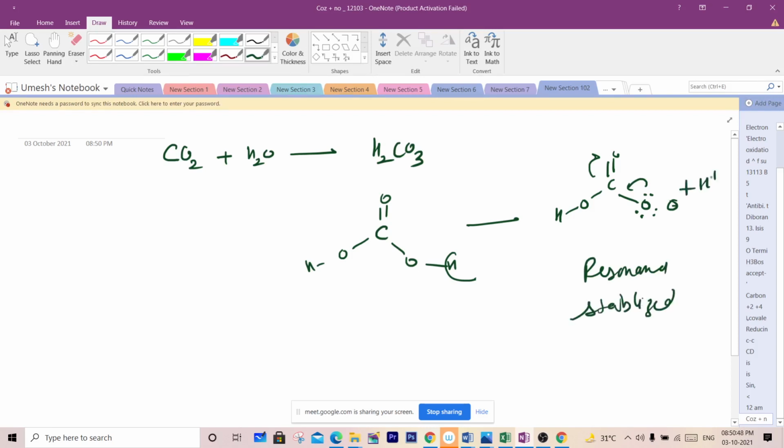It can give the H positive ion very easily, because after losing the H positive ion, it forms a more stable product here. Understood?